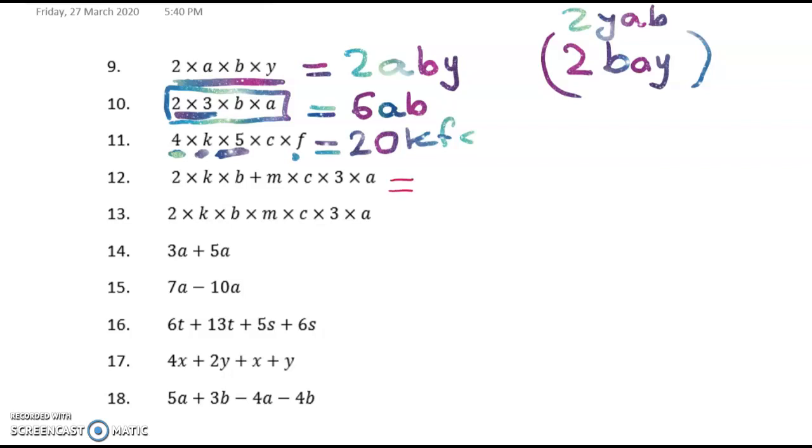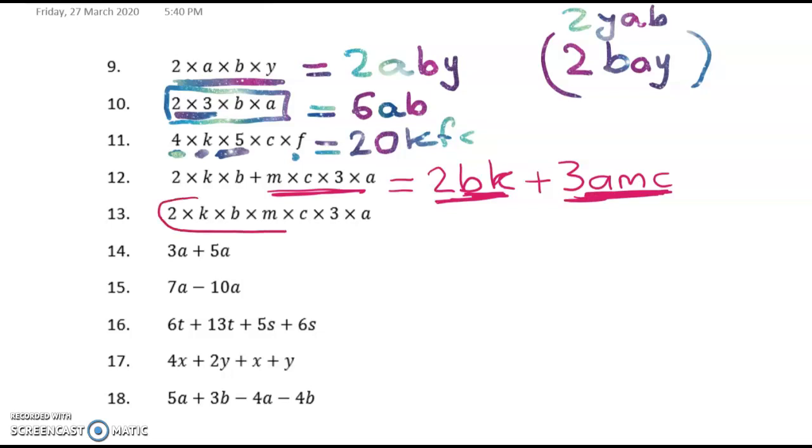So here we have 2bk plus 3amc. And there's nothing more I can do to simplify that. Okay, it's 2 separate things. These are the bk terms, and these are the amc or the mac terms. You can see I was hungry when I wrote this test.